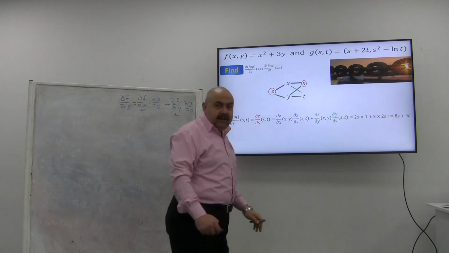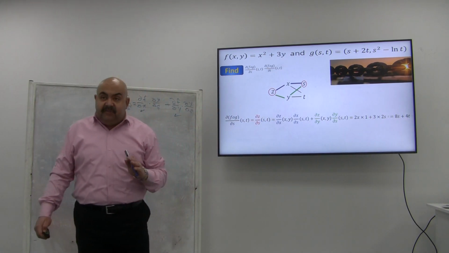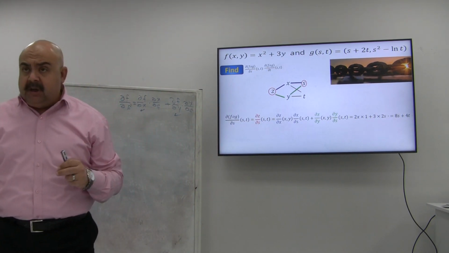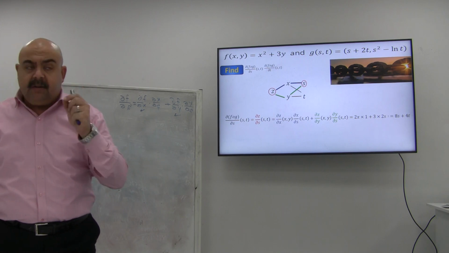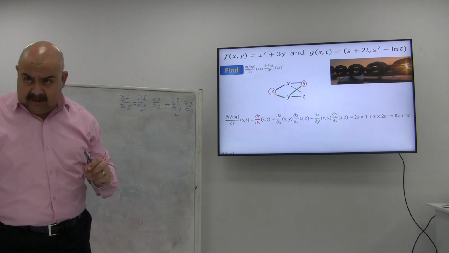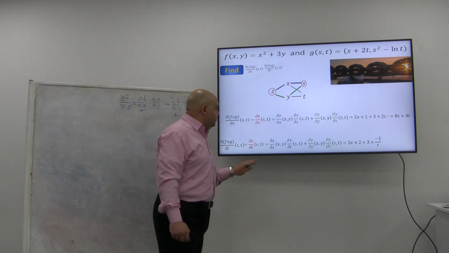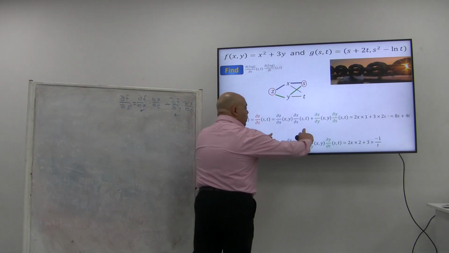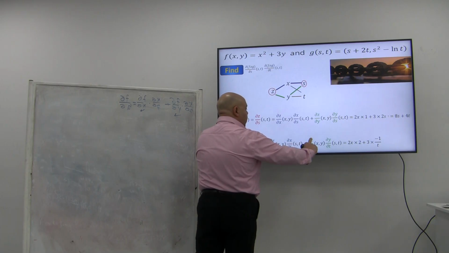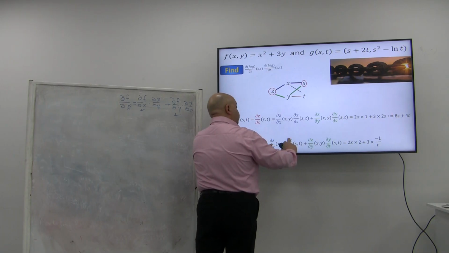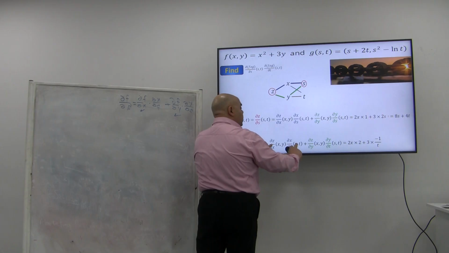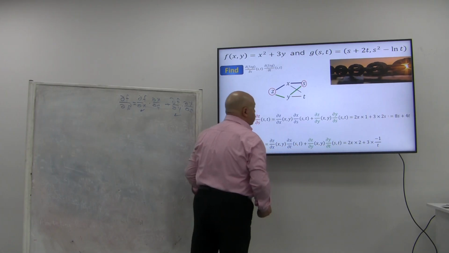So that's the final result. It's very simple, but a little bit confusing once you start to get the results out of a multiple choice question. Here is with respect to t, exactly in a similar manner. Once more, differentiating z with respect to x and with respect to y, then differentiating x with respect to t, differentiating y with respect to t.